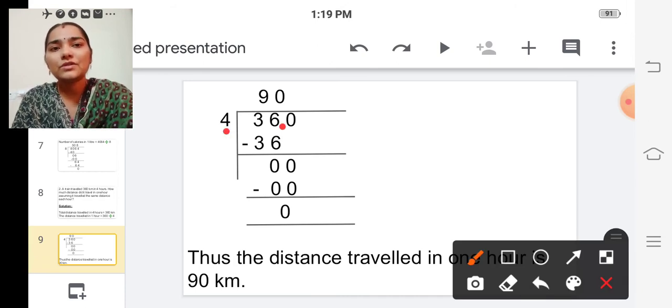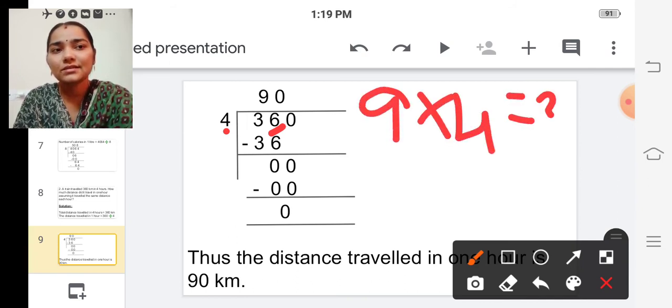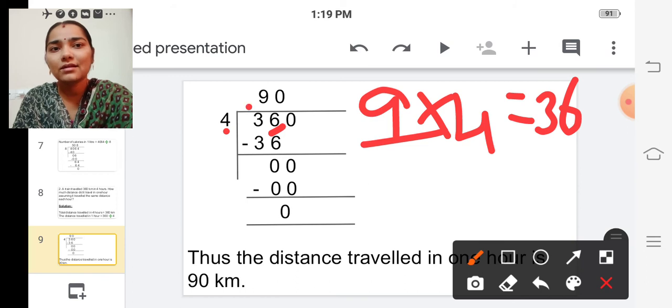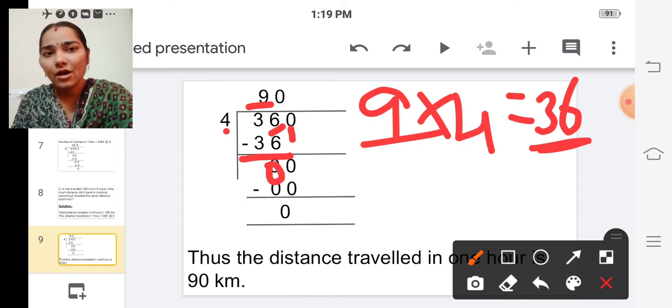Consider the first 2 digits of the dividend, so 36, and we know 9 fours are 36, isn't it? So write that 9 in the quotient and write the 36 here and subtract. 36 minus 36 is 0, and bring down this 0.